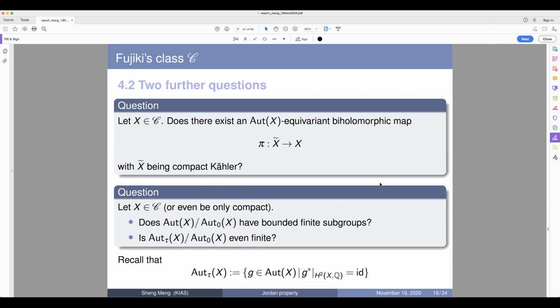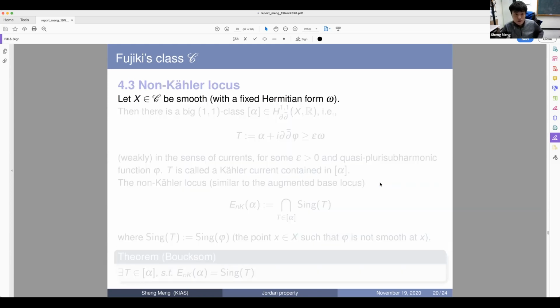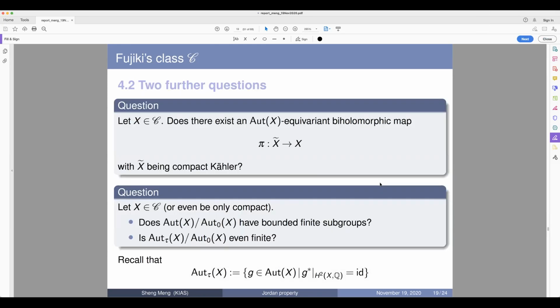Okay, now let's start our proof. Sorry, is it possible that the automorphism group of X tilde is larger than the automorphism group of X? Of course, you can blow up a point.